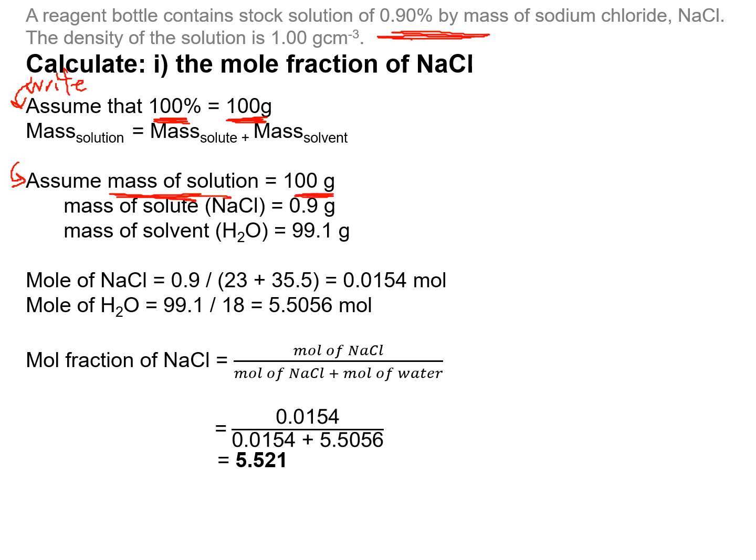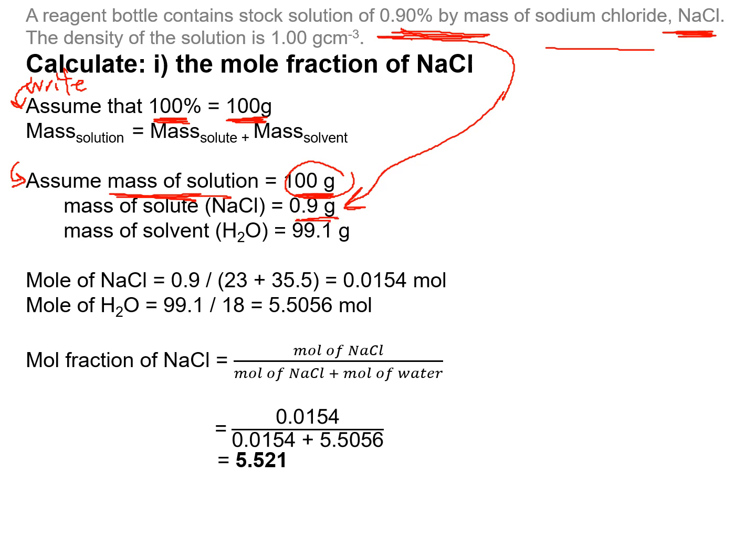Since you know that the mass of solution adalah 100 gram, apa information yang kamu dapat percentage by mass of NaCl ni adalah this one adalah mewakili mass of solute. Okay, so kita dah assume 100% equals to 100 gram. Jadi kita boleh tahu kat sini mass of solute adalah 0.9 gram.